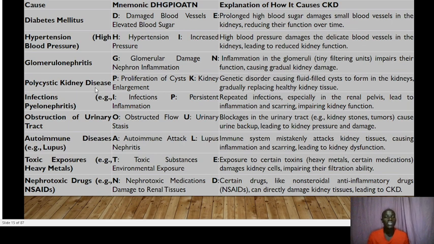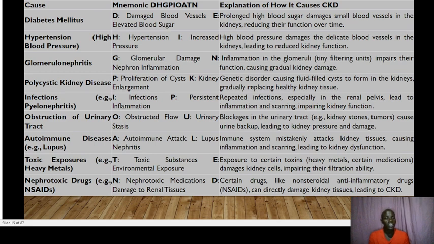Polycystic kidney disease, where we have proliferation of cysts and kidney enlargement, could be a genetic disorder causing fluid-filled cysts to form in the kidneys, and this gradually replaces healthy kidney tissue. Also infections, e.g. pyelonephritis, with persistent inflammation. We could also have obstruction of the urinary tract, and autoimmune diseases like lupus erythematosus.